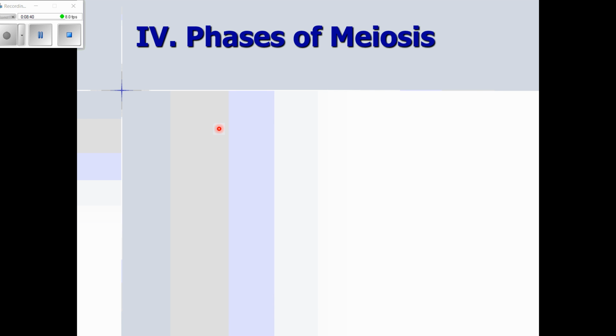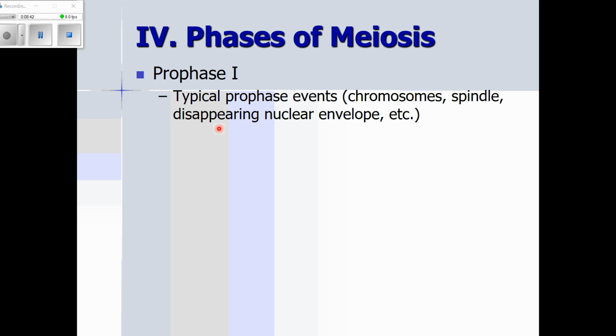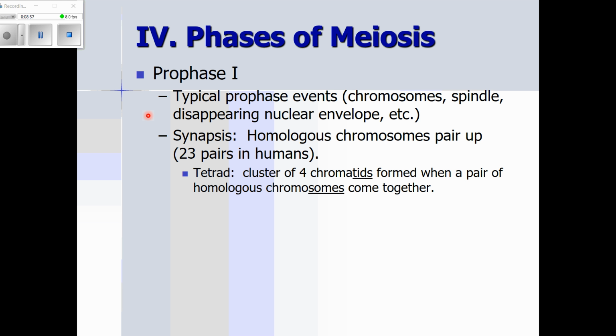Let's summarize the events of prophase 1. So we have typical prophase events: chromosomes coiling up, spindle fibers forming, nuclear envelope disappears, nucleolus disappears, all that normal prophase stuff. Then we have synapsis, the coming together of homologous pairs of chromosomes.